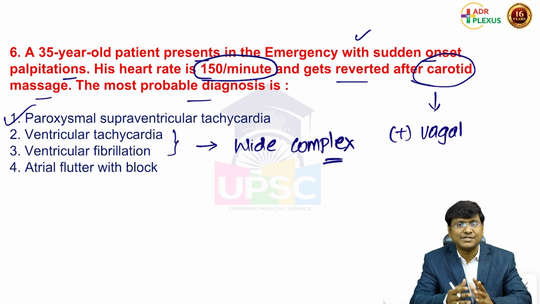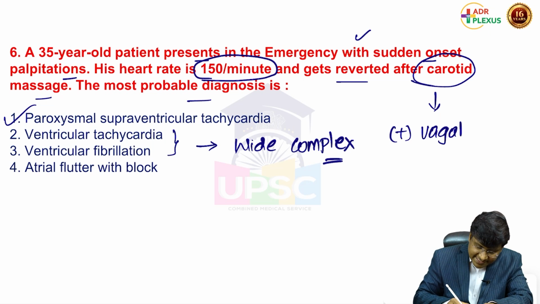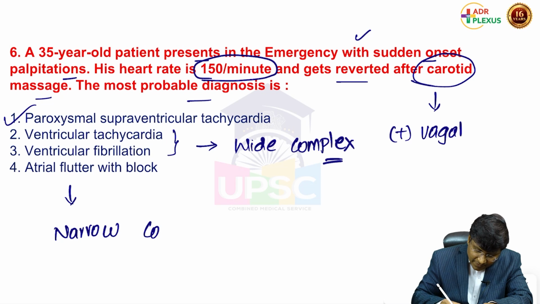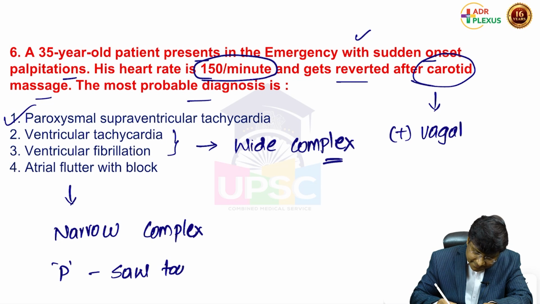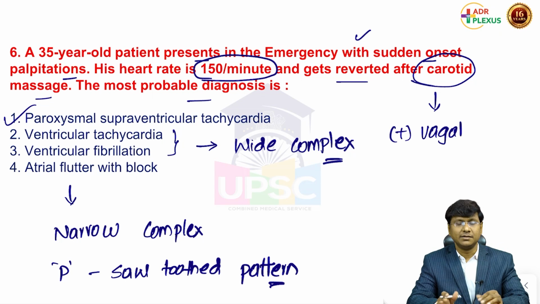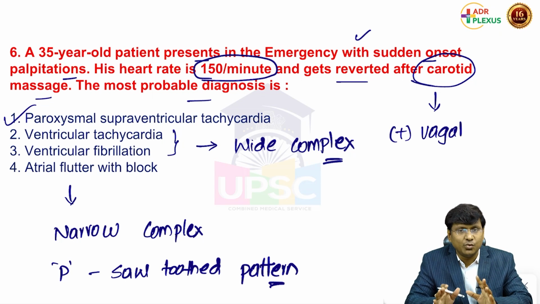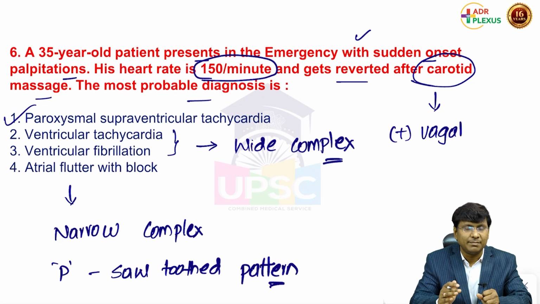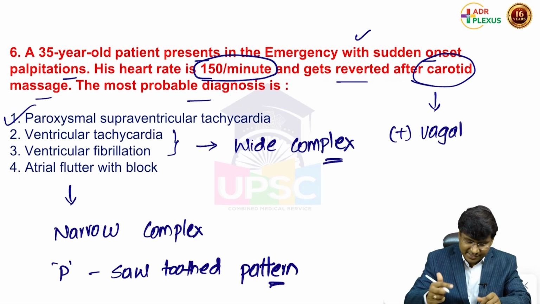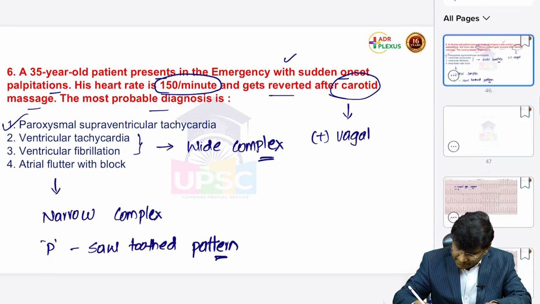These are examples of the wide complex tachycardias, whereas atrial flutter is a narrow complex tachycardia, and the P wave is of a sawtooth pattern. So that is about atrial flutter with the AV block. I'll be showing you that ECG as well. So let me show you first the wide complex tachycardia and their respective treatment, and then I'll be discussing atrial flutter as well.